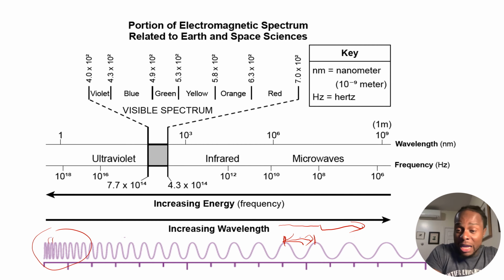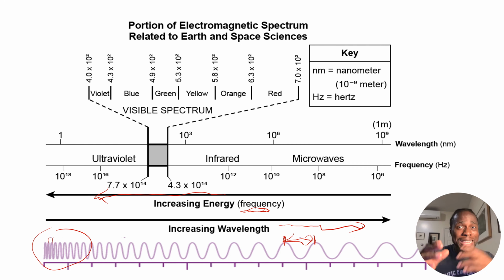So, because the wavelengths are shorter at this end and packed together at the left side, you see that the frequency, the energy is increasing to the left, while the wavelength is increasing to the right. So the electromagnetic spectrum that we are looking at is all the various forms in which light exists.